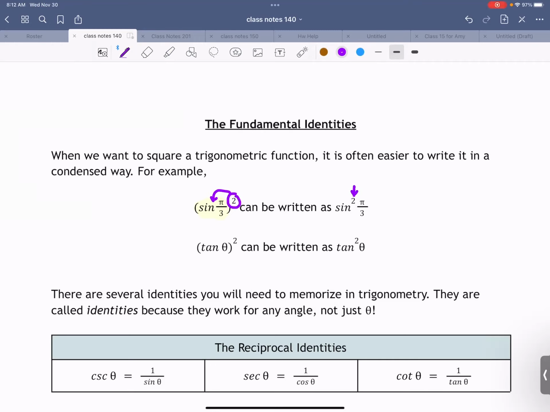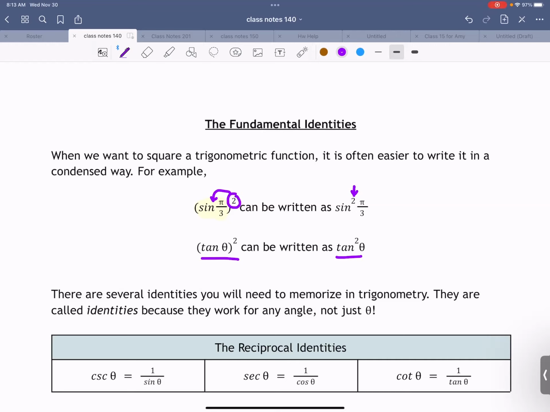So don't worry if you see the square in a weird place. It's just saying to square the result you get when you do the sine of that angle. Same thing with the other trig functions. If you ever see a square in between the function and the angle, it's just telling you to square it.